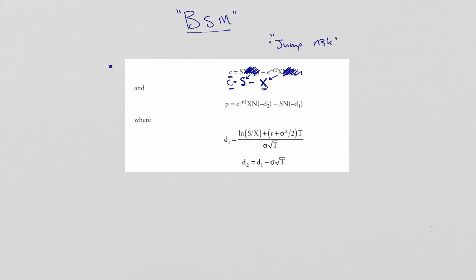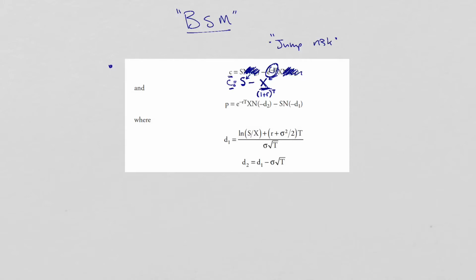And the one thing, as we just mentioned, is that we have to discount the strike by the fact that we aren't going to be able to do this until expiration. So the strike isn't the strike today. We're pricing the call today, but the strike has to be discounted because we can't actually do this until sometime in the future.